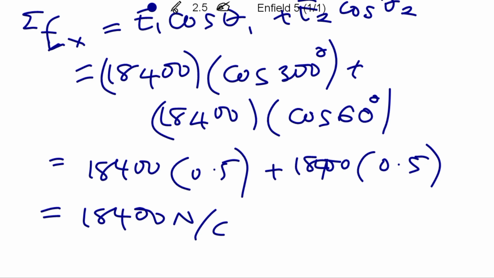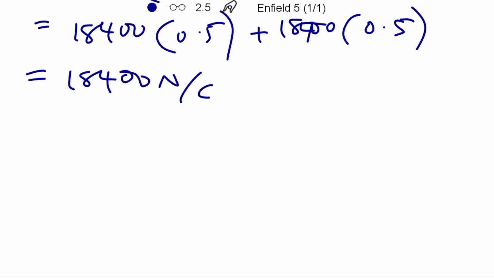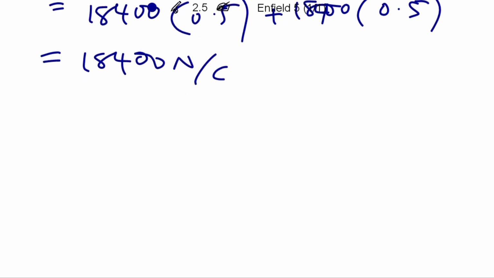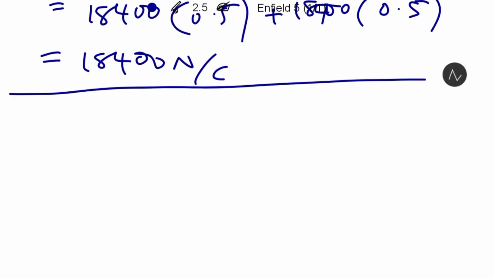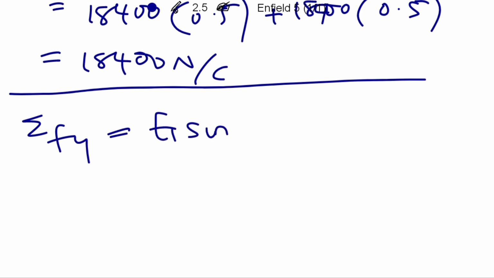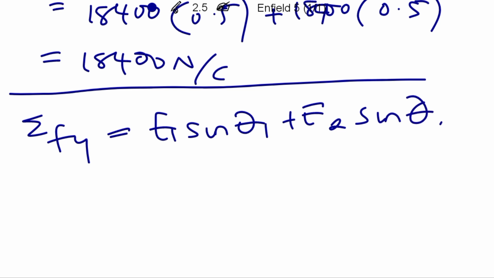So the next thing we need to look for now is the Y component. So let's draw a line here. Summation of y component is equal to E1 sine theta 1 plus E2 sine theta 2, right?